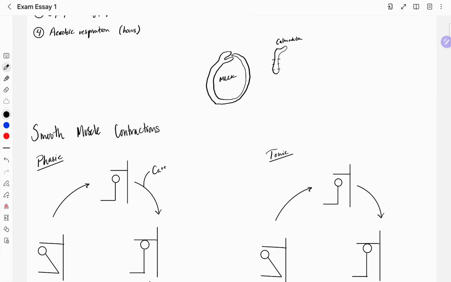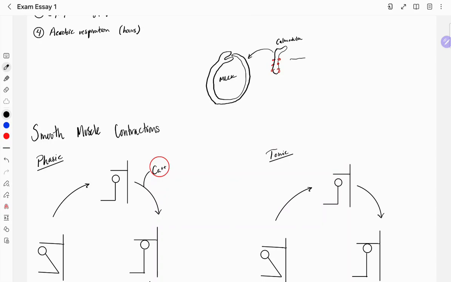And so when we're talking about this calcium here, right, we have calcium that is binding to this calmodulin. That causes calmodulin to come over here and bind to this MLCK.